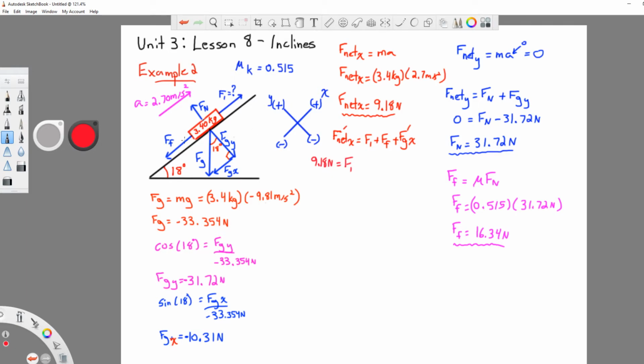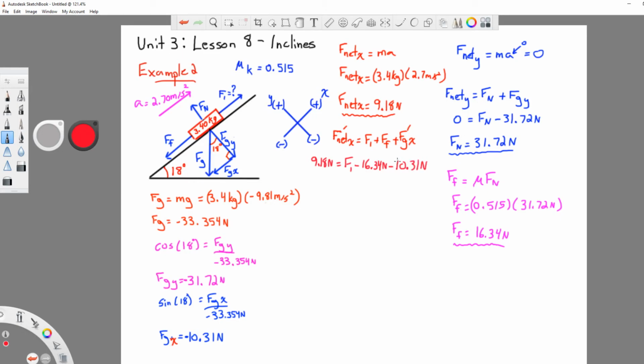Force of friction is down in this question, right? This is the negative direction. So we're going to say minus 16.34 newtons. And force of gravity in the x direction, also pulling this down in this negative direction. And our Fgx is down here, so this is minus 10.31 newtons.